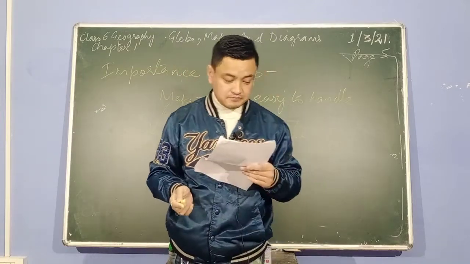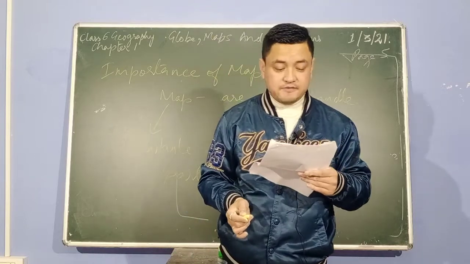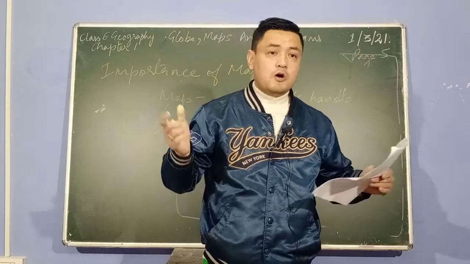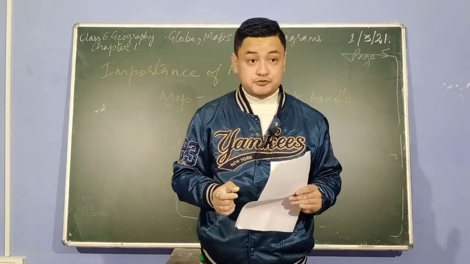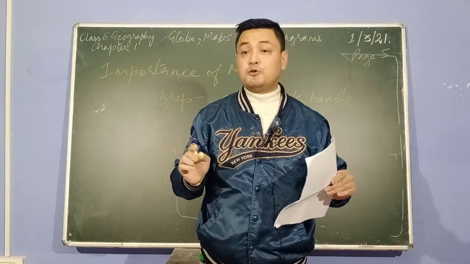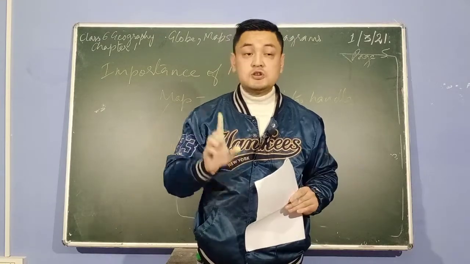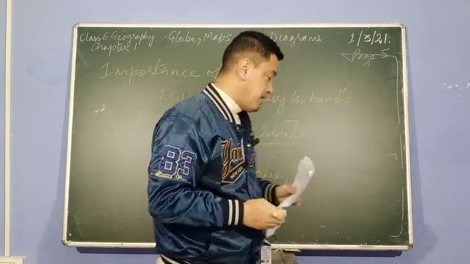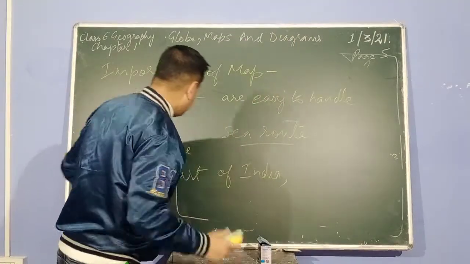Thus, it is very informative and especially useful to the military for battles. Now, maps are also used by the military. And which kind of map is used? The military does not use a political map or physical map. They use a topographical map, which you will study in class 7 in detail.